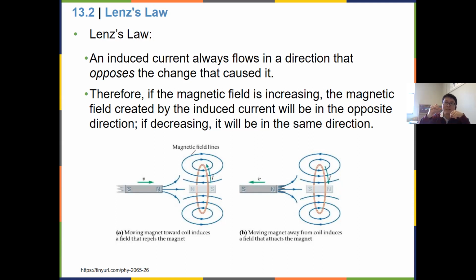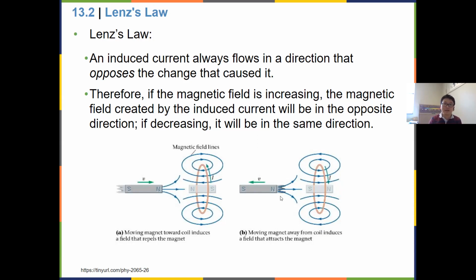That means the magnetic field produced by the induced current will be in the same direction as your external magnet. As you pull it away, the magnetic flux is decreasing, so to oppose that decrease, the induced magnetic field is in the same direction as the external one. So those are two scenarios of Lenz's law.